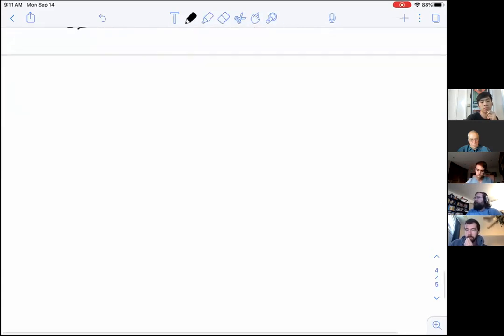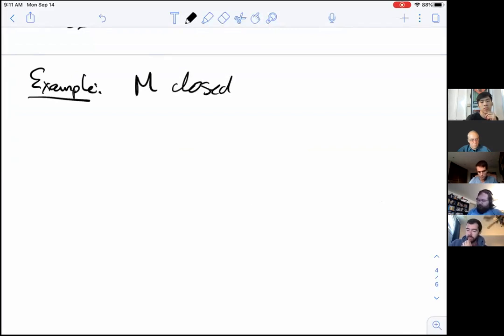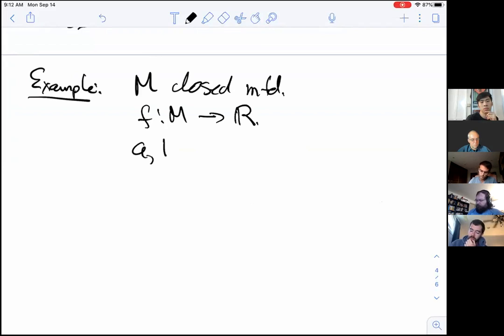Just as an example of how these arise, suppose that M is a closed smooth manifold, and f is an ordinary Morse function, and a and b, say a less than b, are regular values.